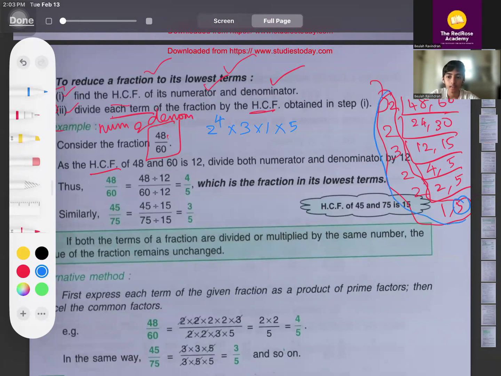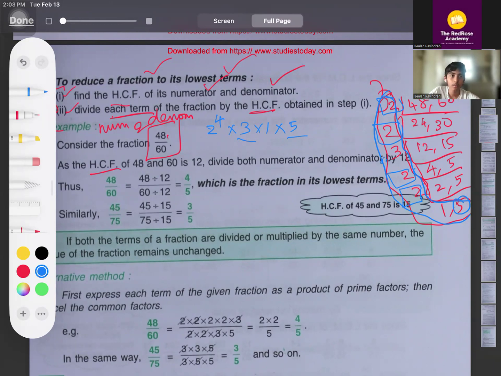Consider this alone. How many 4s are there? 3. How many 3s are there? 1. How many 5s are there? 1. This is how you find an LCM.